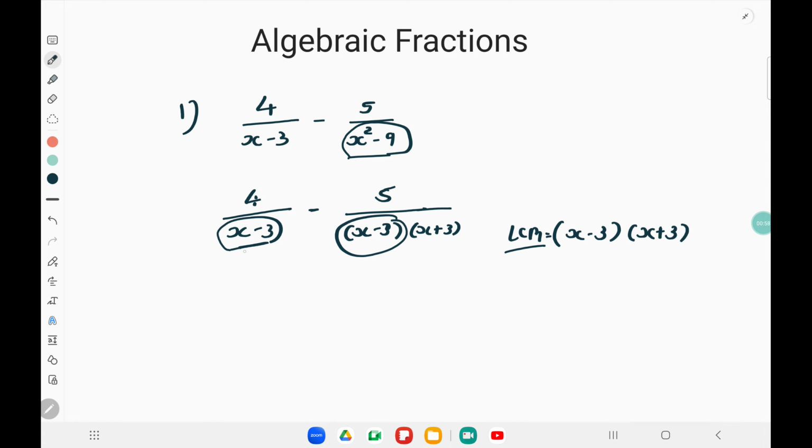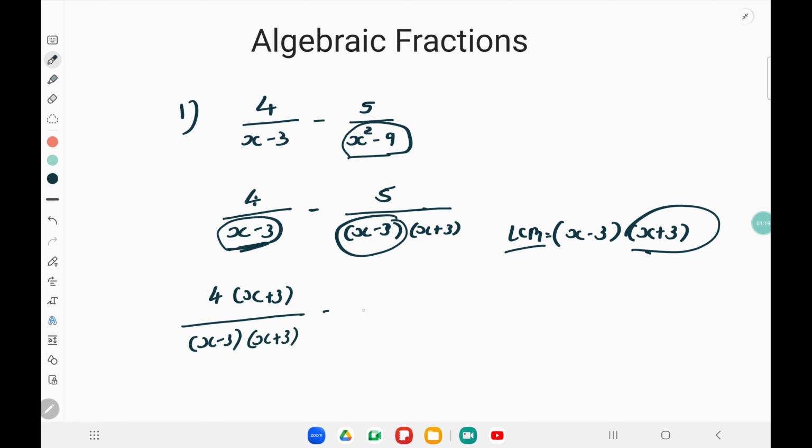So here the first fraction already has x minus 3, so for the first fraction we only have to multiply by x plus 3. So 4 multiplied by (x plus 3), top and bottom both, over (x minus 3)(x plus 3).